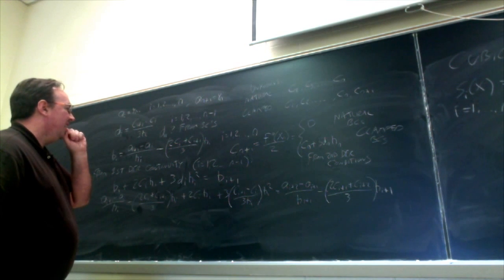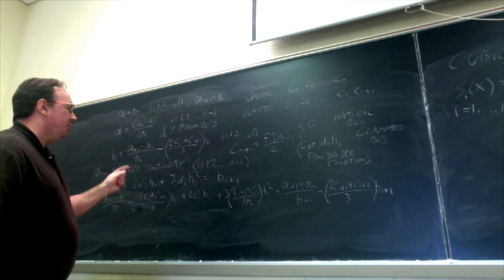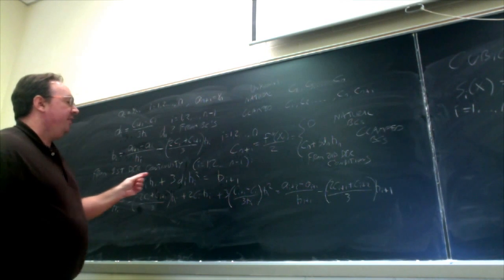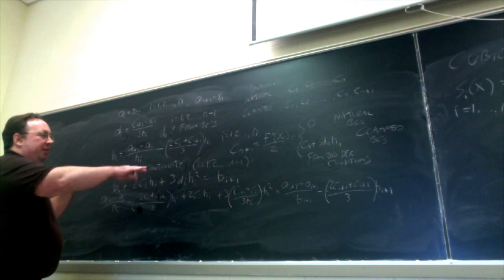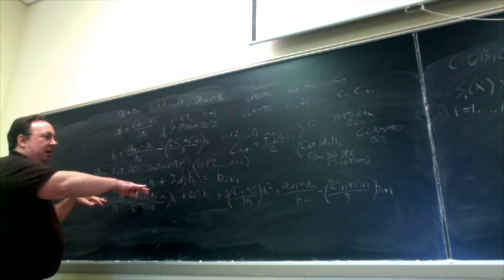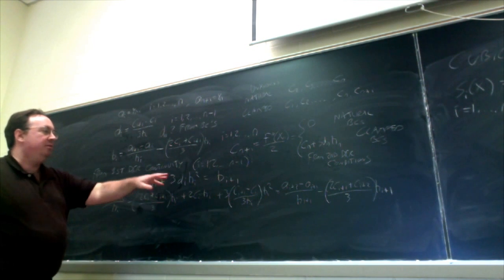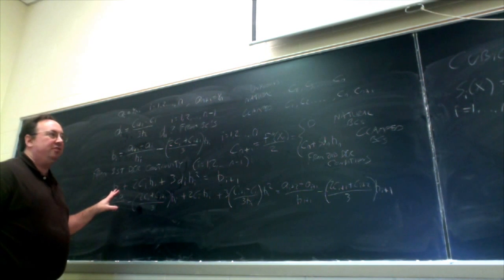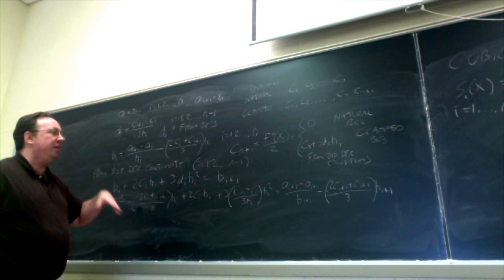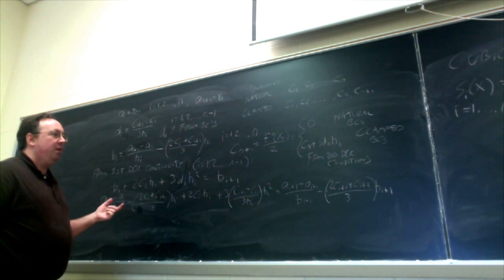So the only place where c_{n+1} appears is right here. But this gives me n minus 1 of my equations. So for natural boundary conditions, this gives me everything. It's the whole system. For clamped, I need all of these n minus 1 equations plus 2 more.